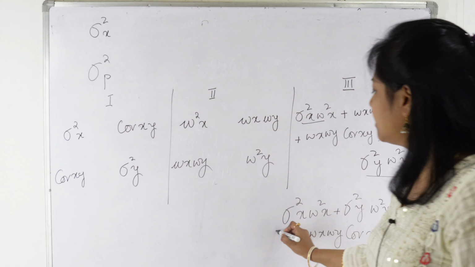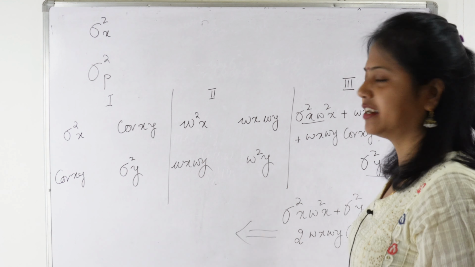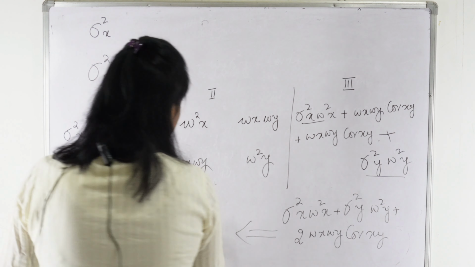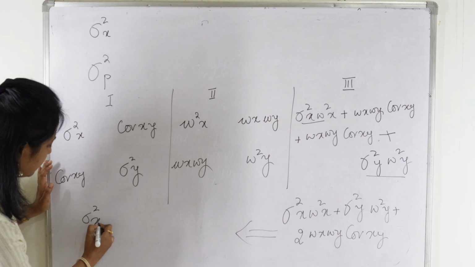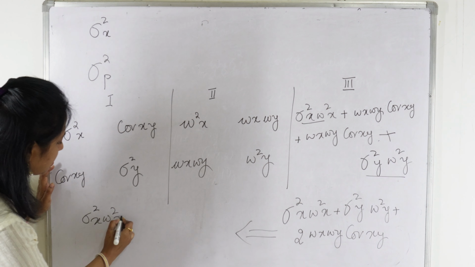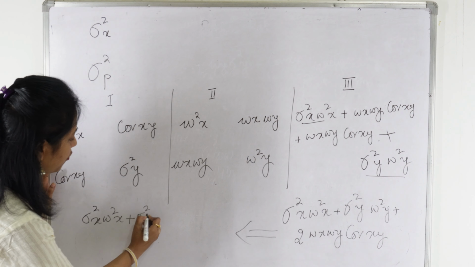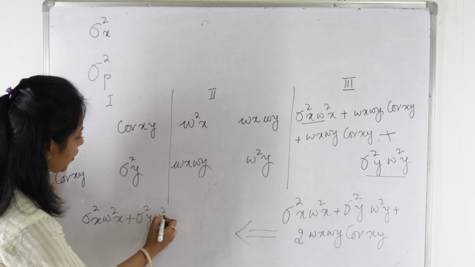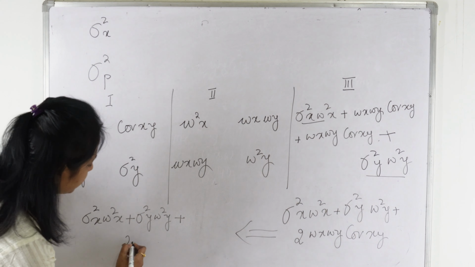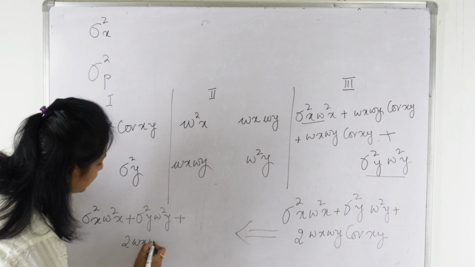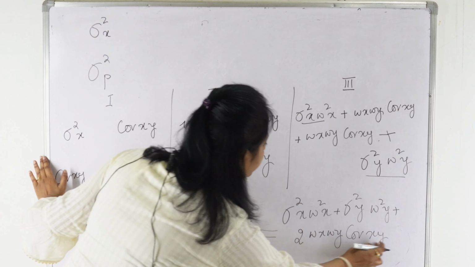Friends, one last point, then things are done. Now what I can do is that I can write this: variance of x, weight squared of x, plus variance of y, weight squared of y, plus 2 times, same thing I am writing, weight of x, weight of y, and then comes covariance xy.